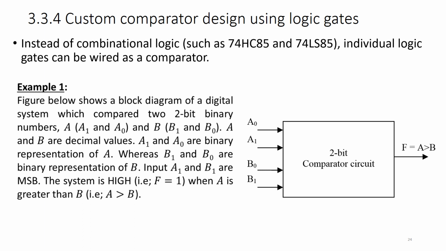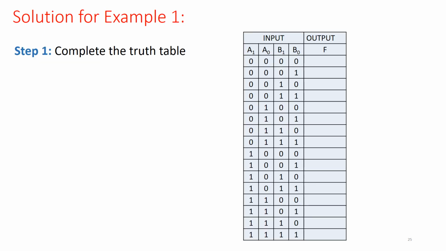So the output is high, F equals 1, when A is greater than B. First of all, we need to complete the truth table. If you look at this, each of these values will be compared, A and B. Let's say A and B are equal, so A is not greater than B. F equals 0. It will be 0 here.